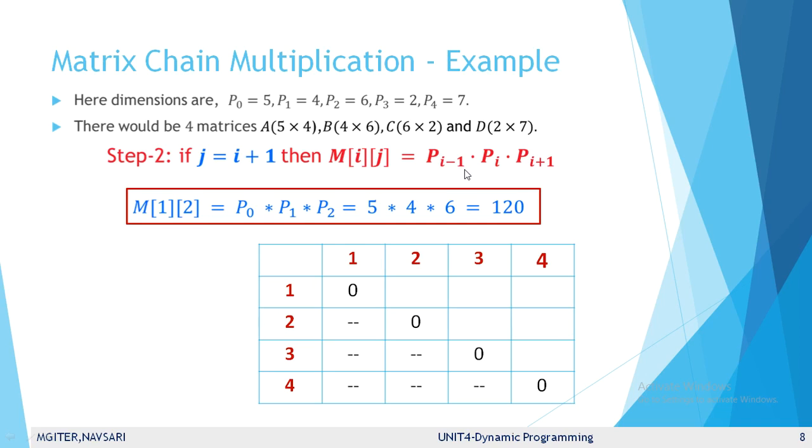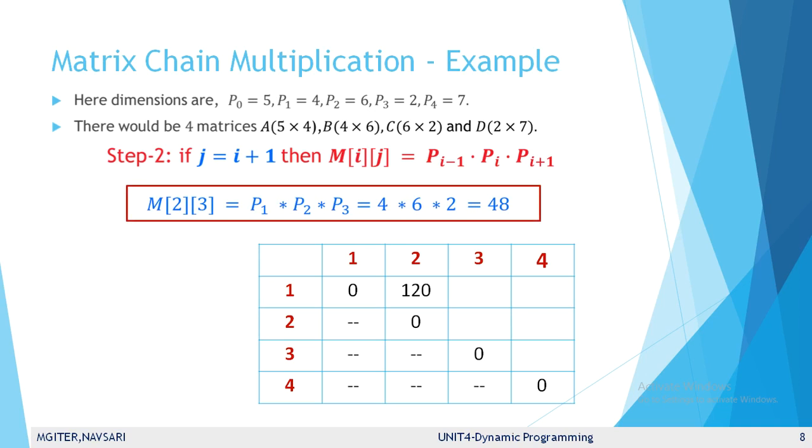So P of 0 into P of 1 into P of i plus 1, where i is 1, 1 plus 1 is equal to 2. So M of 1 2 is equal to P0 into P1 into P2. P0 is 5, P1 is 4 and P2 is 6. 5 into 4 into 6 becomes 120. Now the cost of matrix 1 and 2 multiplication is 120.